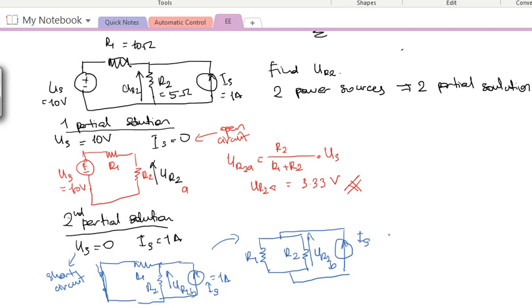So if you want to find UR2B now, it is quite obvious and easy. UR2B is therefore equal to R equivalent multiplied by IS, with R equivalent equal to 1 over (1 over R1 plus 1 over R2). So everything multiplied by IS.